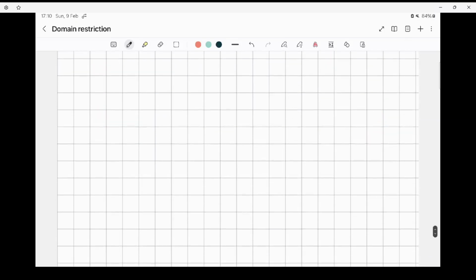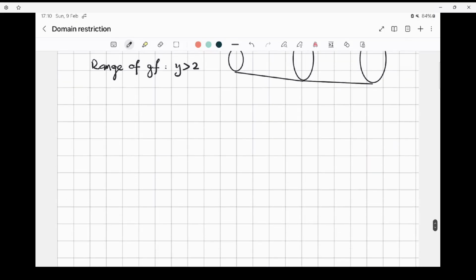So let's look at the first example that I have. Given that f of x is the exponential function e to the power of x, and g of x is x plus 1 squared.